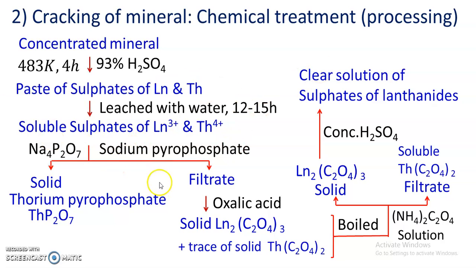In chemical treatment, mainly first of all, the mineral is treated with sulfuric acid, then it is leached with water, then it is treated with sodium pyrophosphate, then the filtrate containing lanthanum sulfate is treated with oxalic acid to get solid lanthanum oxalate, and finally solid lanthanum oxalate is treated with concentrated sulfuric acid to get the sulfates of lanthanides.